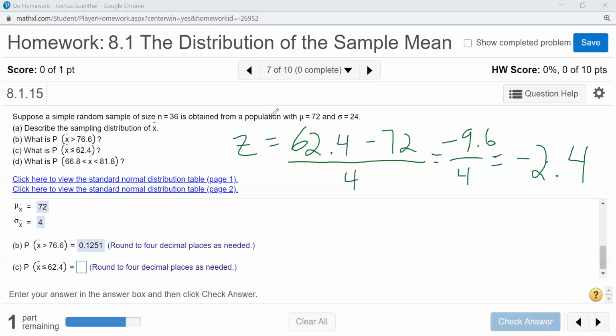So now we want the probability of a z-score being less than or equal to negative 2.4. Again, we can just pretend it's the same as z being less than negative 2.4. In other words, don't let the or equal to throw you off one bit. It doesn't matter in the normal distribution. So now I'm going to go to this table.